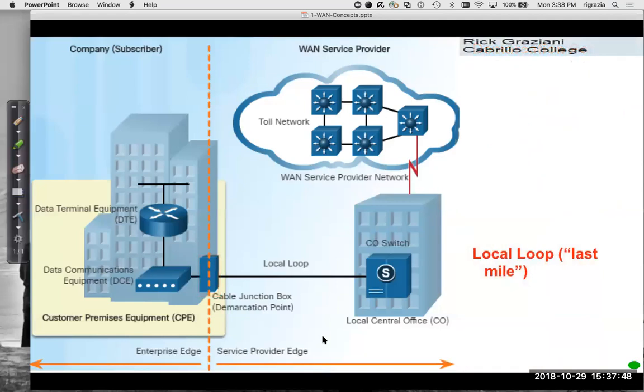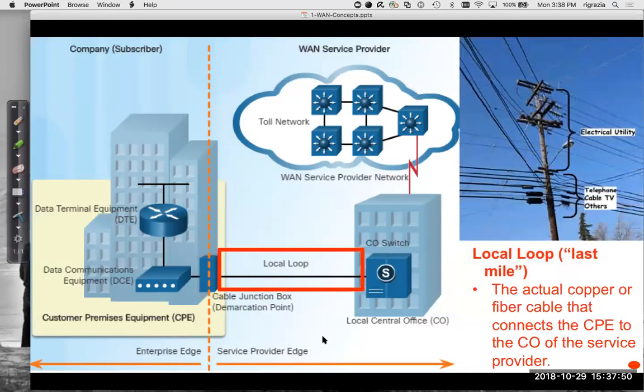Okay, the local loop, also known as the last mile. So this is what connects you, your company, your CPE equipment, your LAN, everything that you have control of, to the actual provider itself.